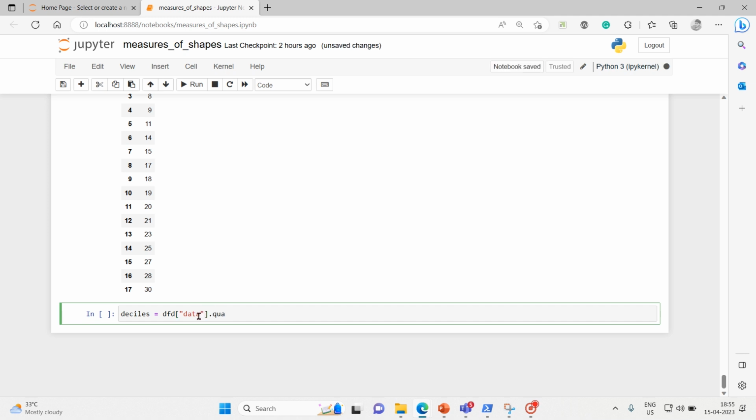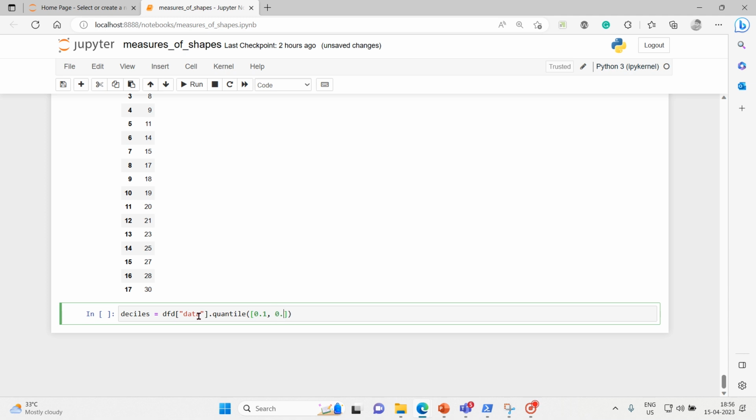and as usual I'm going to use quantile only, nothing new. And inside that I want deciles, so that's why I will mention the percentages first. 10 percentage or 10th percentile is decile 1. Decile 1 represents a value below which 10 percentage of data points fall.